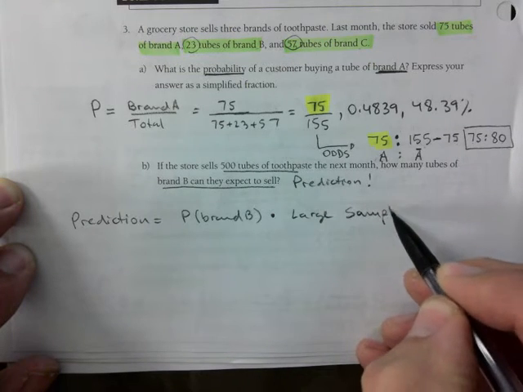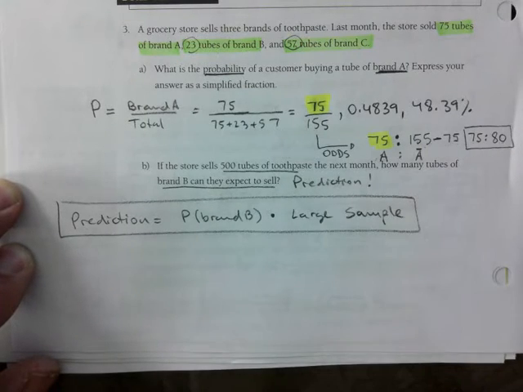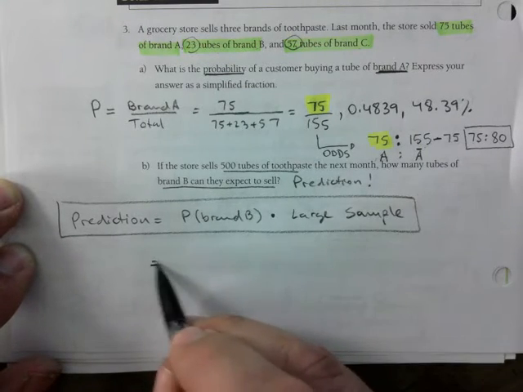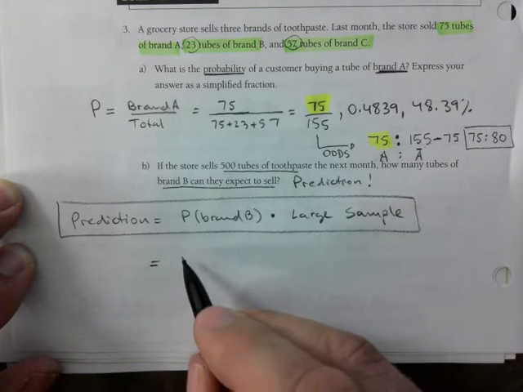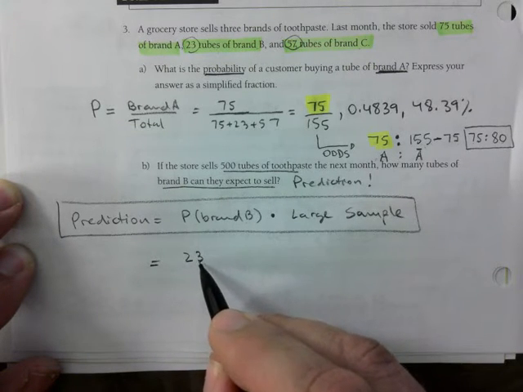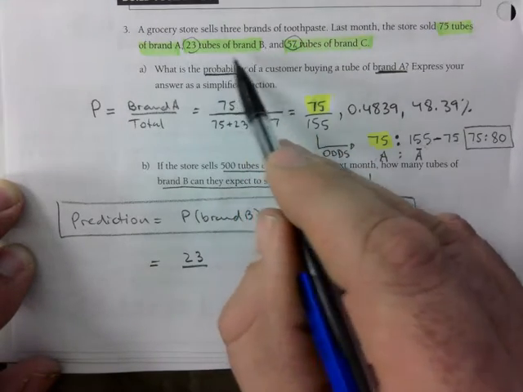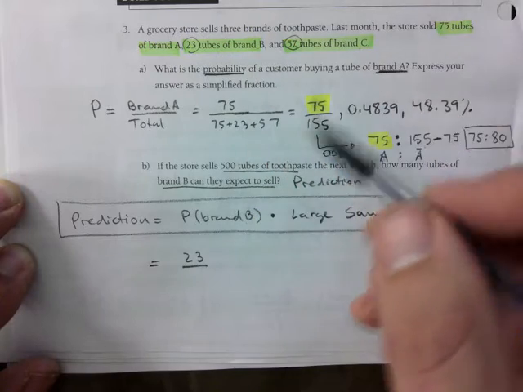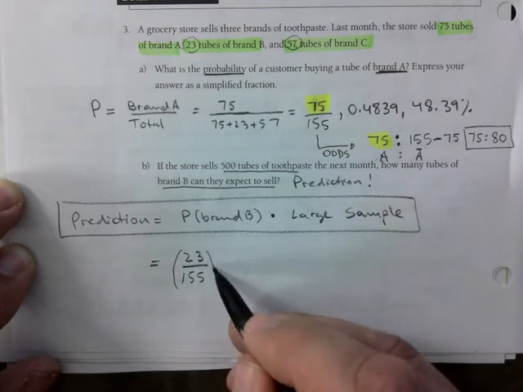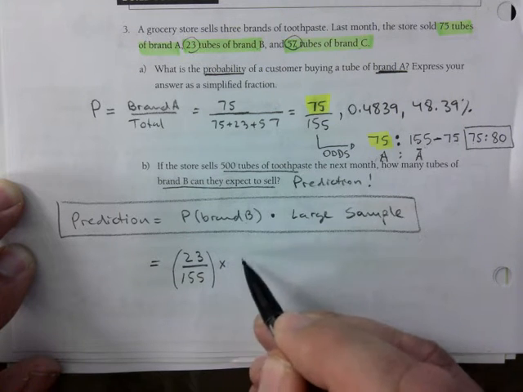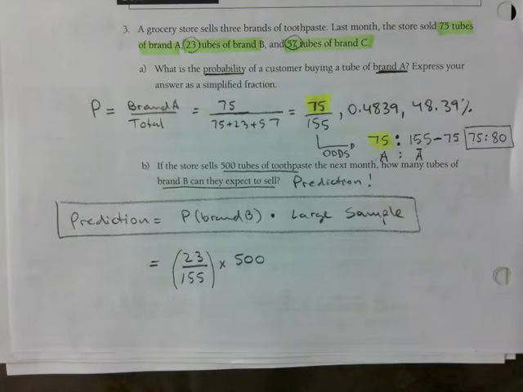Here it is one more time, your formula, in case you missed it. Okay. So what's the probability of brand B? How many brand B tubes are there? You're basing it on what you were given way up here. This is your small sample. Okay, 23 out of 155. Put it in brackets like this, times, in this case, it's 500 tubes that we're making a prediction for.